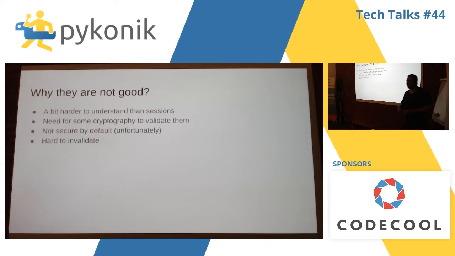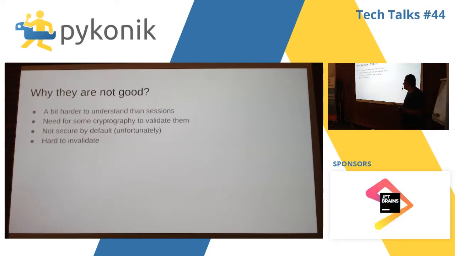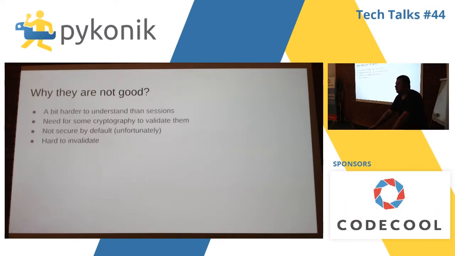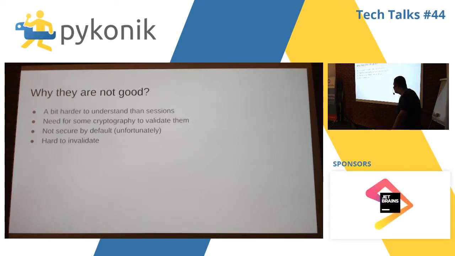If, for example, you want to force logout of the user, you would have to either remove it from his browser, and you cannot trust that because he can, for example, block it, etc. If, for example, his account was compromised and you want to log out all of his sessions, you can store that JSON Web Token so you know that this is valid, and you can checkmark that this is not valid, but this will introduce a database check every time, so the JSON Web Token by itself is pointless.